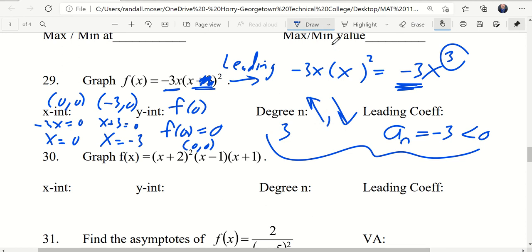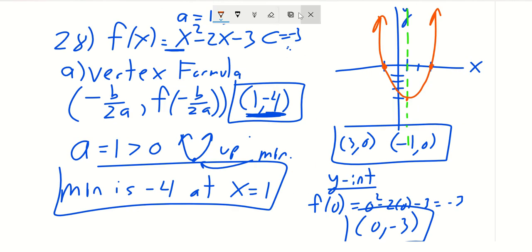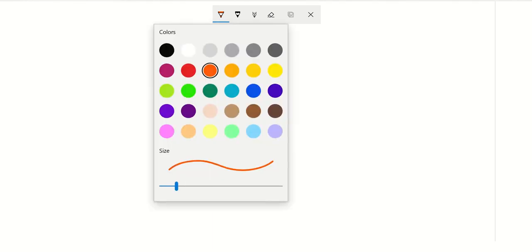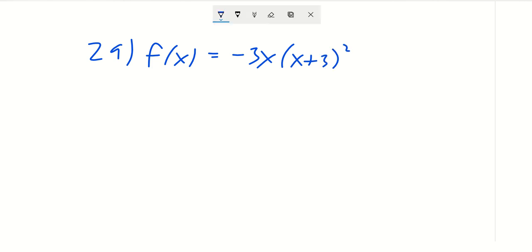Let's go ahead and provide a rough sketch of this thing. So we want to graph f of x equals negative 3x times (x plus 3) squared.